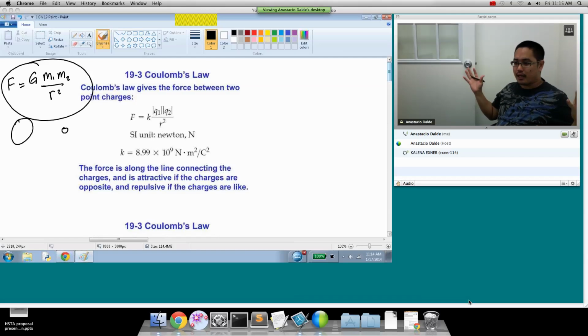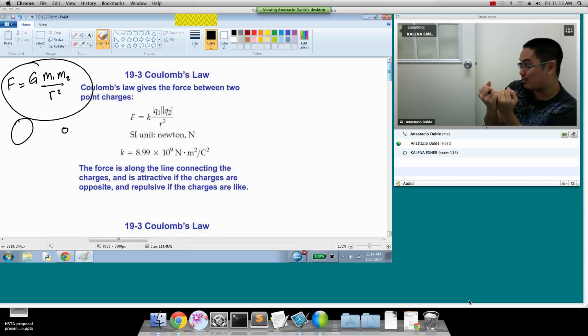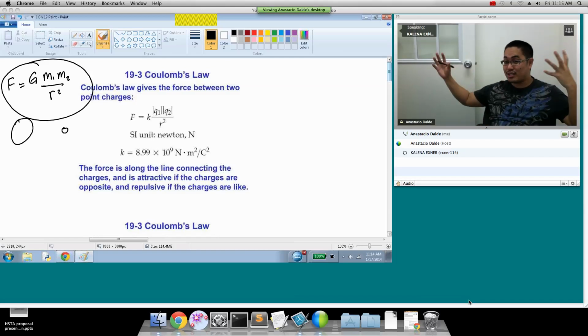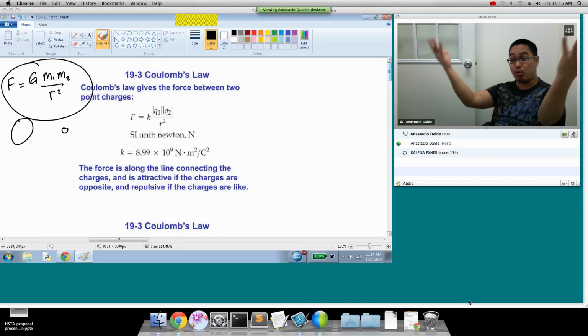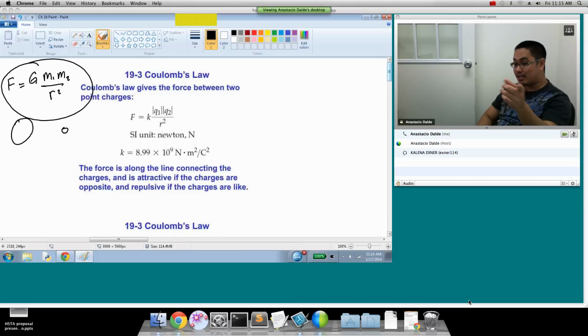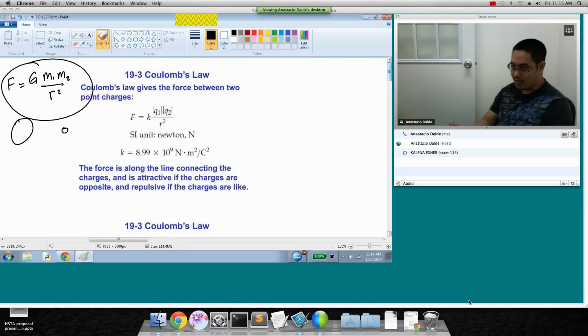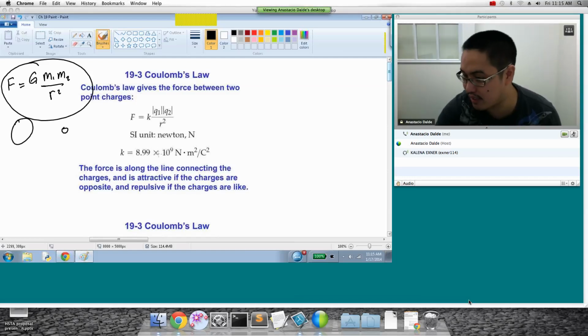Apparently, a rule that governs electrons and charges of particles is very similar, not the same, but very similar to the rule that governs the gravitational pull between planets. The difference is, instead of a G, there's a K, and that's called the Coulomb constant. K is 8.99 times 10 to the 9 newton meter squared over coulomb squared.